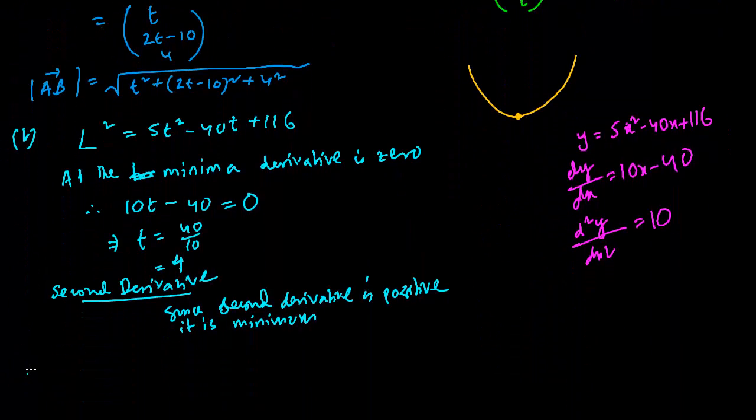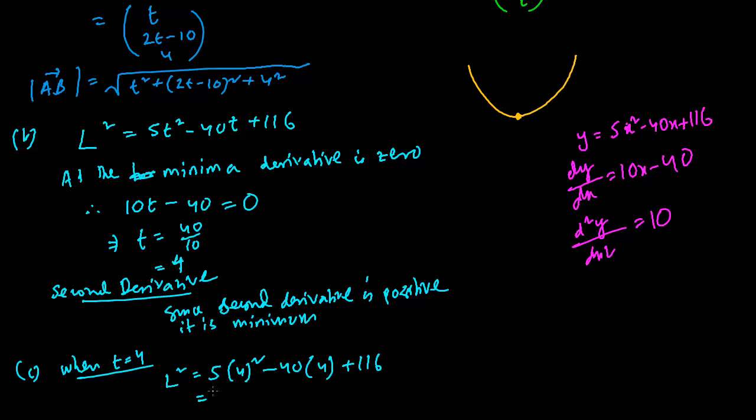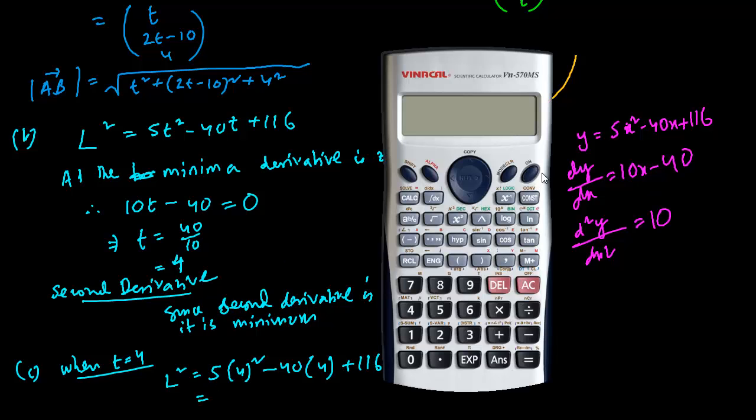So what we do over here, when t equals 4, then L squared equals 5 times 4 squared, minus 40 times 4, plus 116. 16 fives are 80, minus 40 times 4 is 160, plus 116, and that is 36.